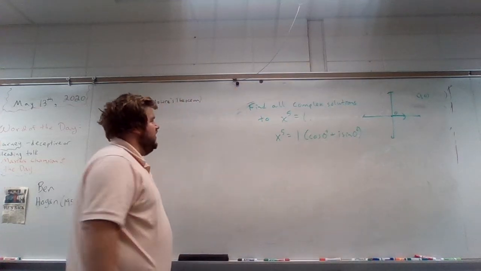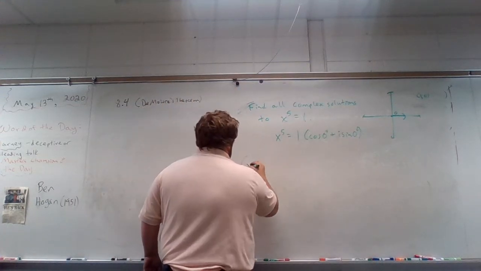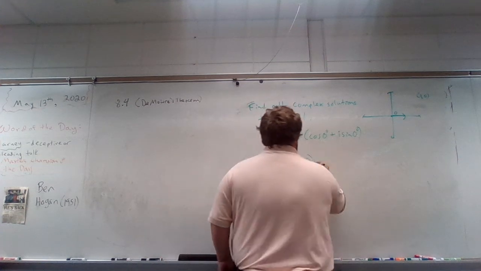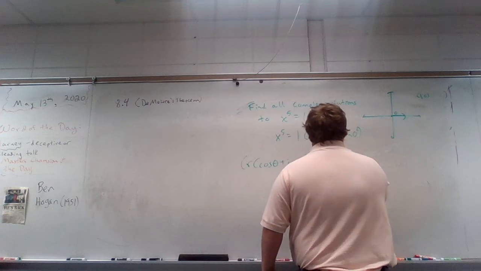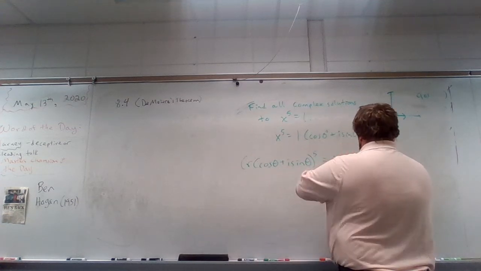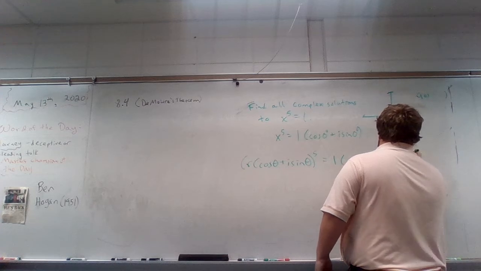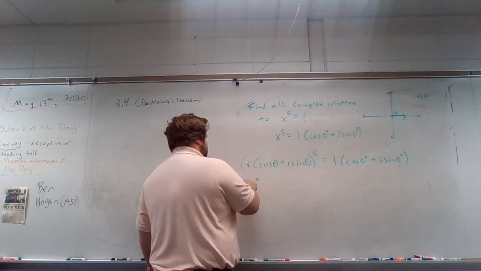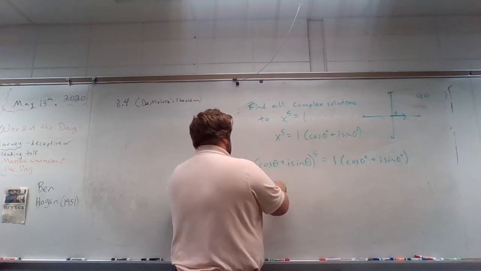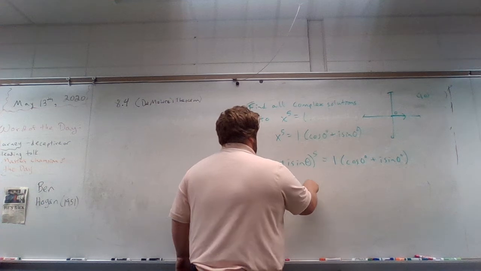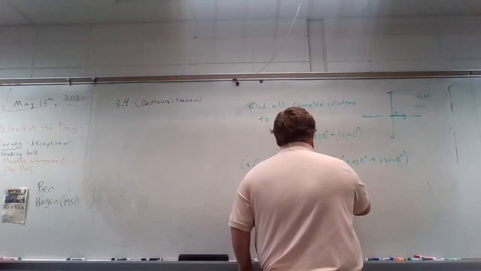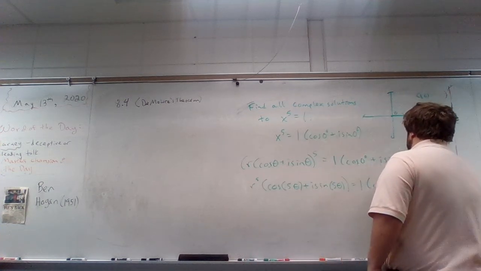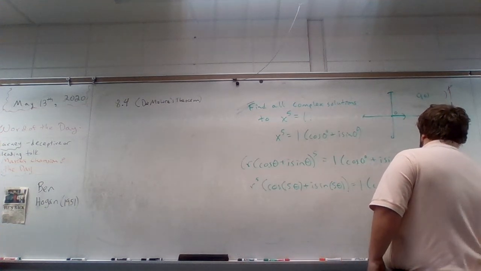Then I would substitute in r times cosine theta plus i sine theta, all raised to the 5th power. De Moivre's theorem gives r to the 5th times cosine of 5 theta plus i sine of 5 theta, and that's equal to 1 times cosine of 0 degrees plus i sine of 0 degrees.